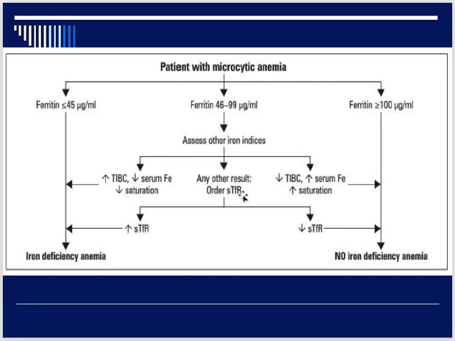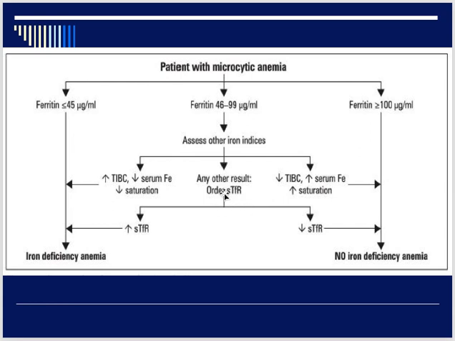So what happens in these patients is that when there are less iron stores and less ferritin, the body's response to this condition is that it keeps on making transferrin receptors. Basically, soluble transferrin receptors reflect the availability of iron at the tissue level.